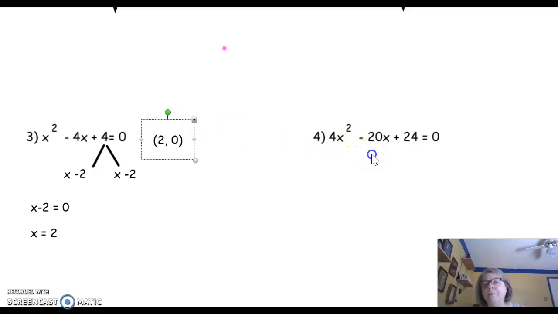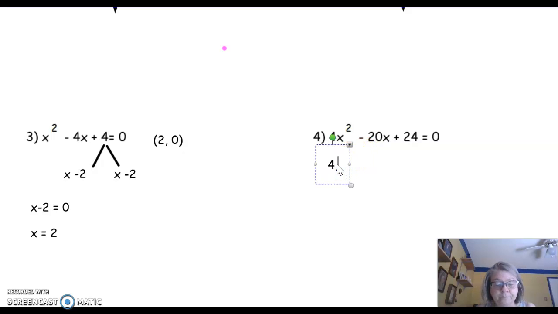All right, now I'm looking at number 4, and I'm looking at this 4 up here. So my first thing is I want to make this easier. So I'm going to look at all of my numbers, and the numbers are 4, 20, and 24. And what I notice is that 4 will go into all of those.